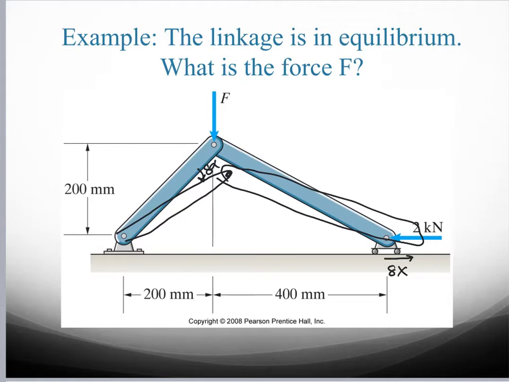So we're going to have two virtual displacements that would happen at the same time. We have delta alpha and we have delta x.